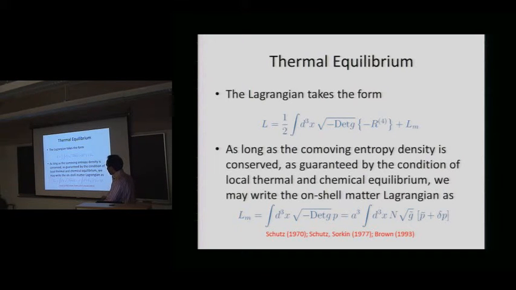But this works more generally whenever you have a perfect fluid form for the energy. It uses thermodynamic arguments. Like I said, you can derive the equations of motion from this without additionally specifying, for example, that the second law of thermodynamics holds, which is why you have to assume that the coordinate density is conserved. Does this mean that the Lagrangian somewhere gets free energy? It's possible that that's the case, yes.